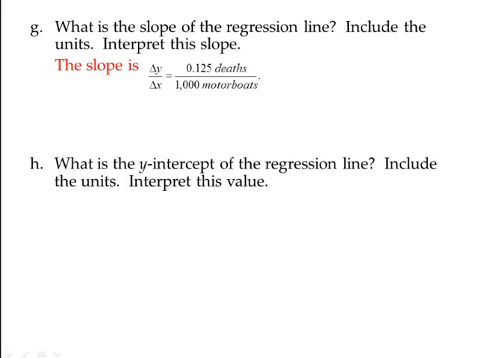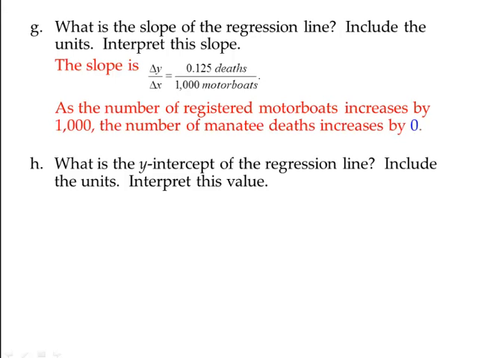To interpret this slope, we would say, as the number of registered motorboats increases by 1,000, the number of Manatee deaths increases by 0.125 deaths.